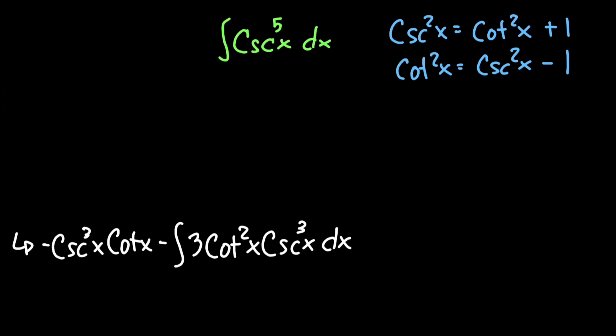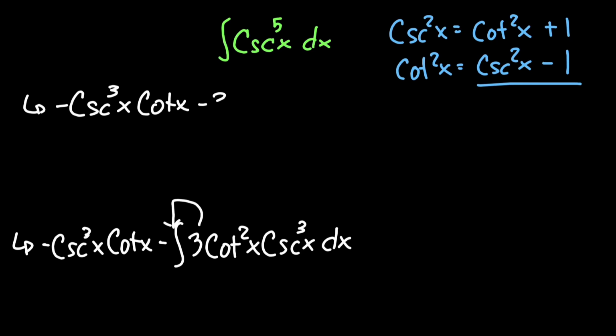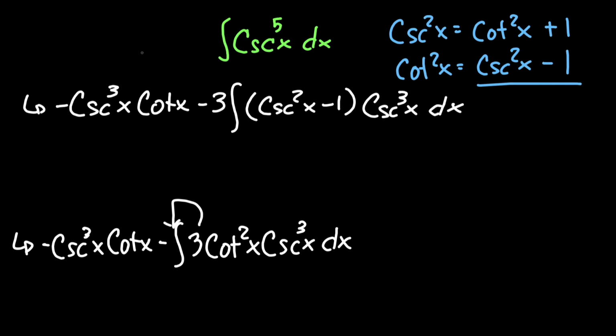Next step again would be to use its identity. Substitute cotangent squared x according to this identity right here. Let's just put 3 outside for simplification. And so cotangent squared x right here would be equal to cosecant squared x minus 1 multiplied by cosecant cube of x dx.